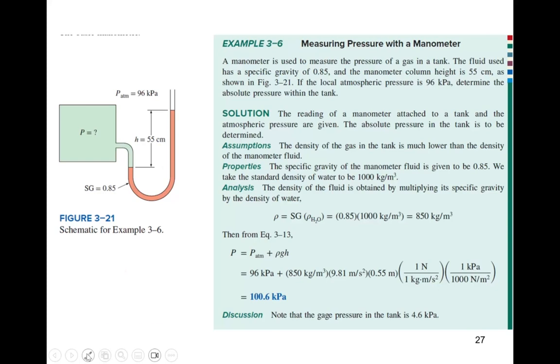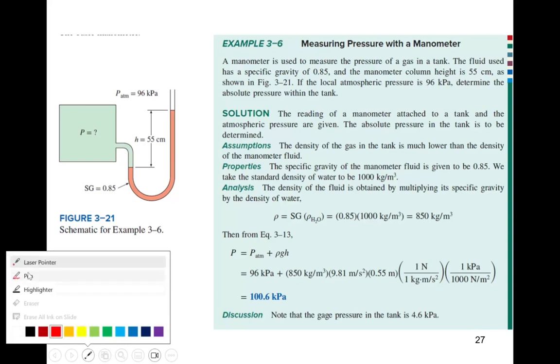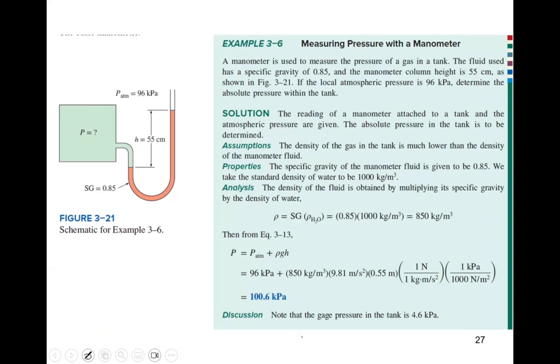Let me write this one. Now we say the pressure in here is P. We ignore this one. Now we start from one end here. If we're going up, we deduct. If we're going down, we add. Now we're going up, so we deduct. Then it would be rho g h. In this case, h is 55 centimeter.